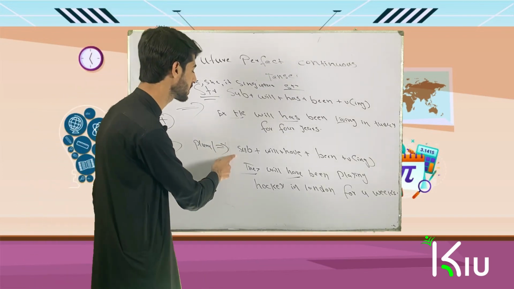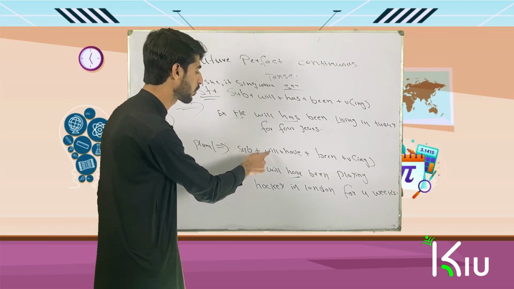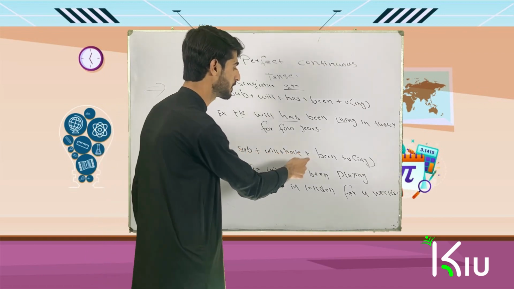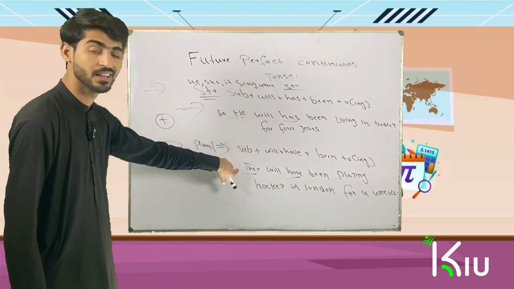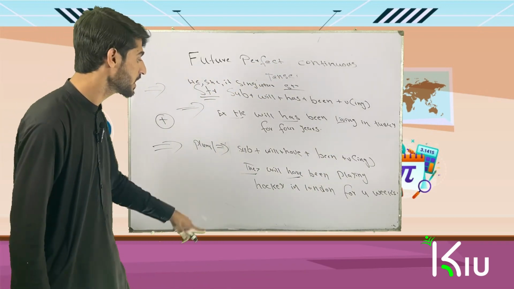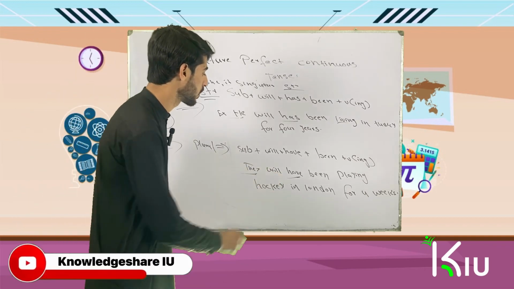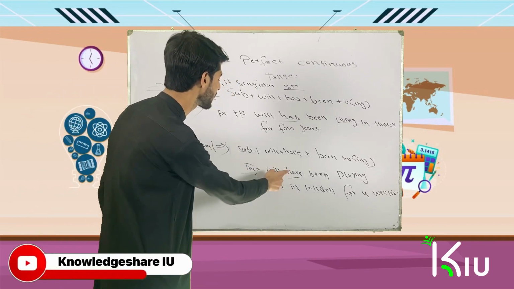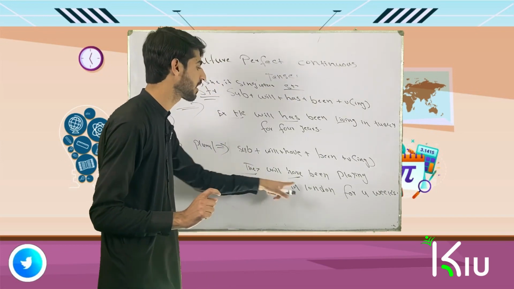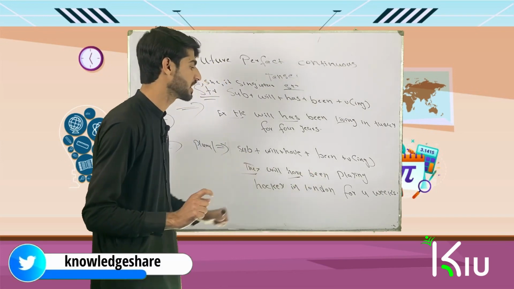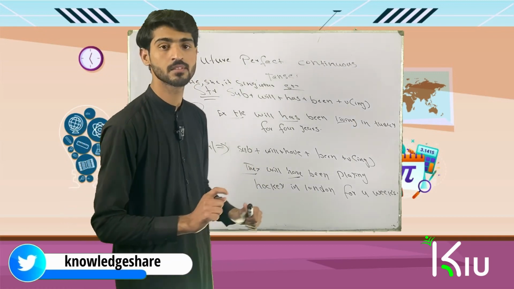First of all, we will put subject, then will plus have plus been and then verb ing. For example, I put here they. They is a plural subject, okay? So they will have. Why am I using have here? Because the subject is plural. So they will have been playing hockey in London for 4 weeks.